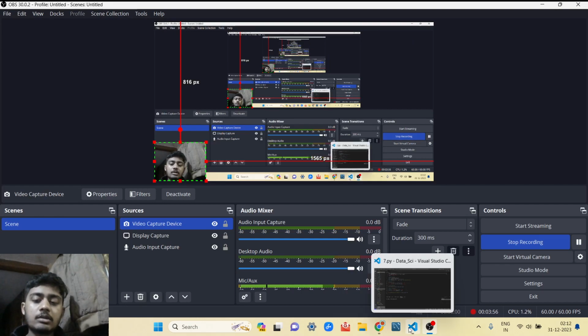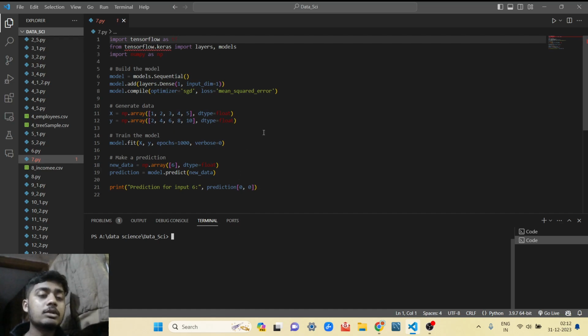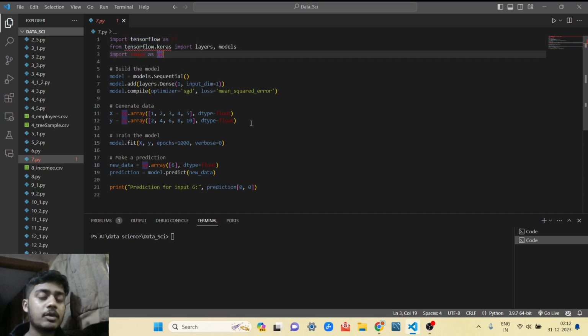So let's start the program. Here we have the program for this neural network. We are using the TensorFlow package and NumPy. For example, there is data X that is 1, 2, 3, 4, 5 of type float, and Y is an array of data 2, 4, 6, 8, 10.